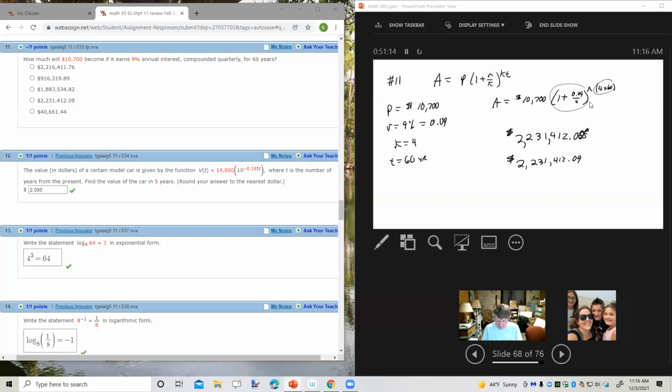I'll bet I know why I got it wrong. My calculator gave me this. And I'll bet that if I'd gone further out, this 5 got rounded up from a 4. That's kind of tricky. How would I resolve that issue?